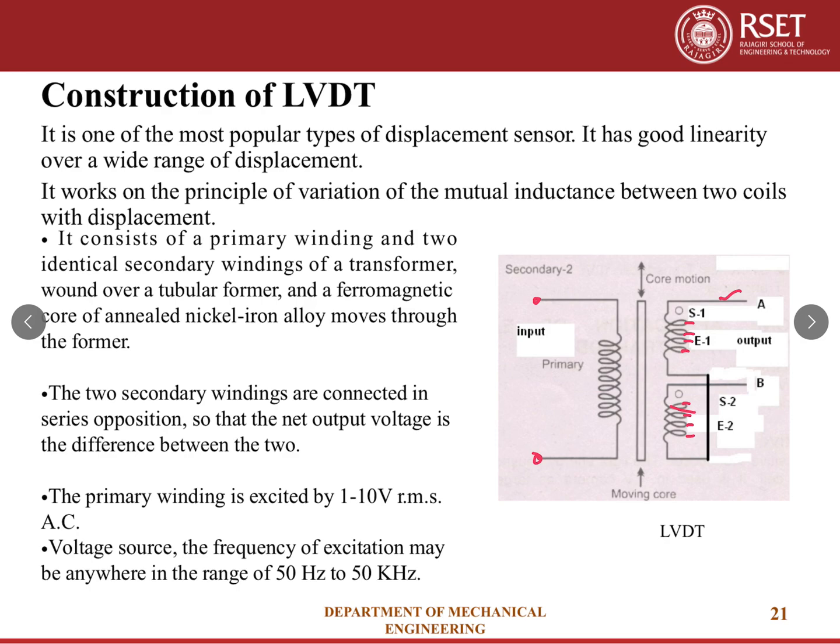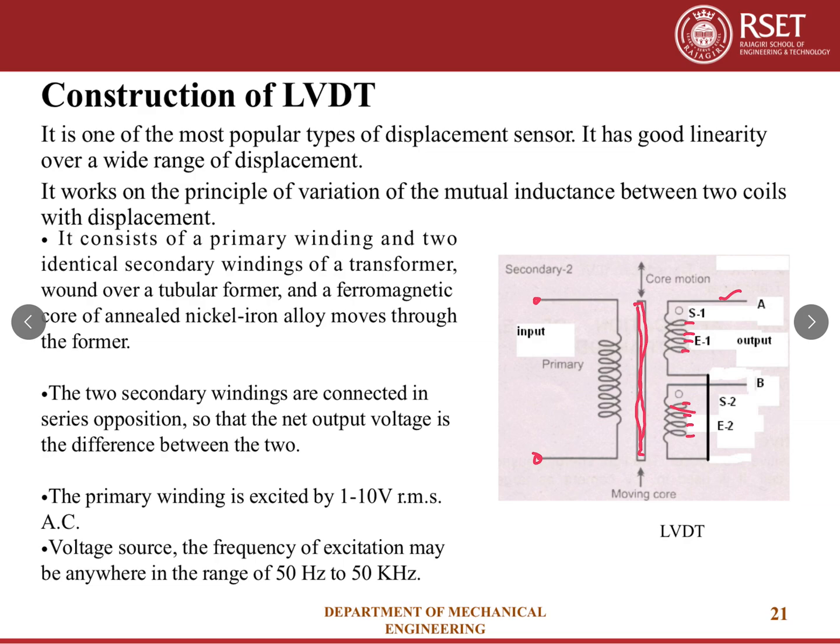Then we have a ferromagnetic material. This is a ferromagnetic core, made of annealed nickel iron alloy. It's a movable core.